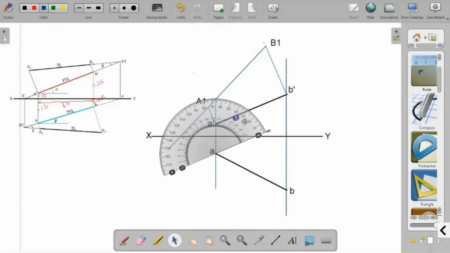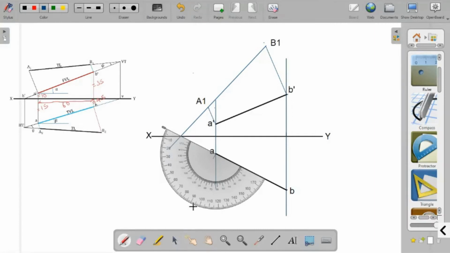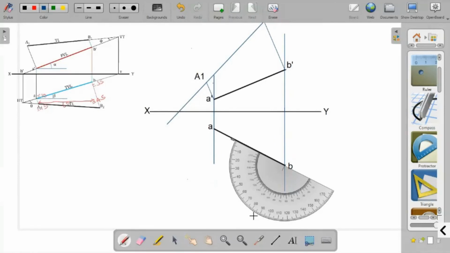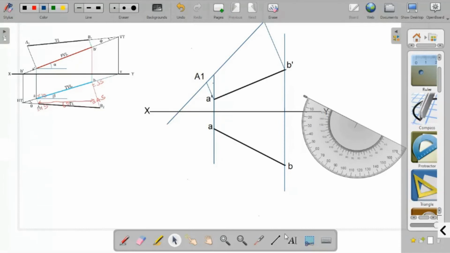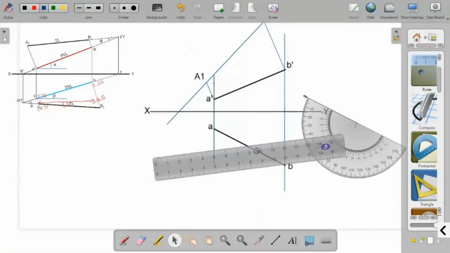Now we draw perpendicular lines from this point, that is point A, and point B. Point A as well as point B. Now with these 2 lines, draw the perpendicular lines.